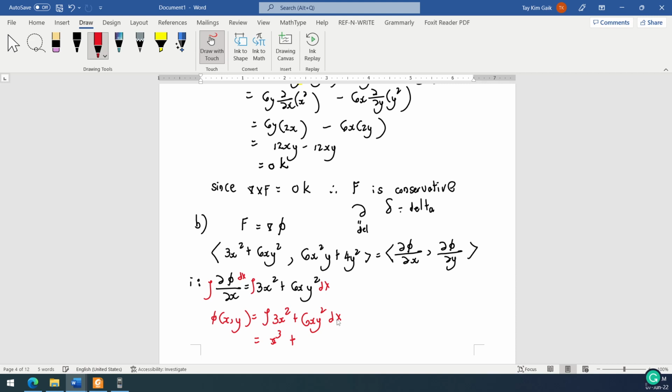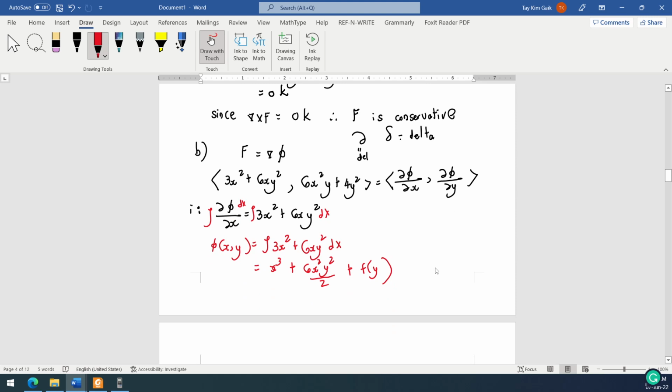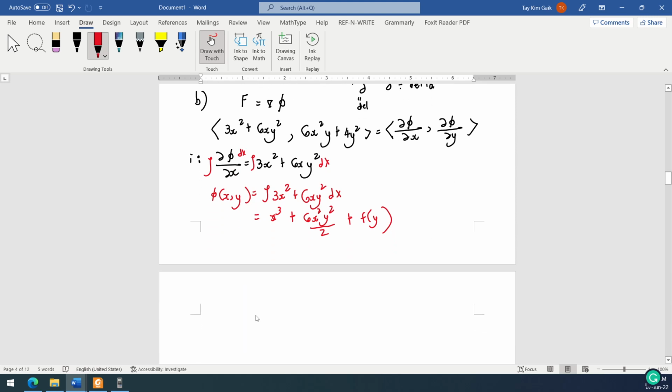When you integrate with respect to x, 6y squared is constant, so I got 6x squared y squared divided by 2, plus a function of y. Simplifying, we get x cubed plus 3x squared y squared plus a function of y. This is the first equation.